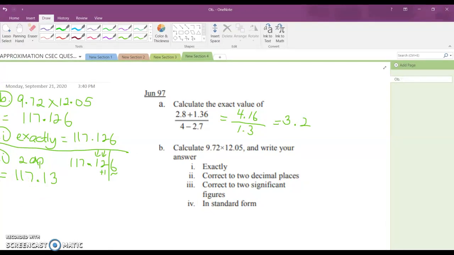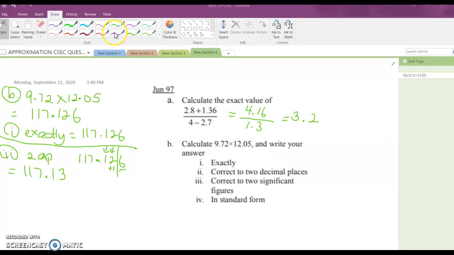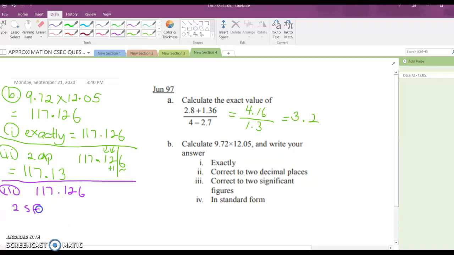Let's look at it now in terms of the two significant figures. Again, we're using back our original number, 117.126. We're going to do it to two significant figures now. Remember, significant figures starts from the first number that is not 0. So which number is my first number that's not 0? The 1 here.